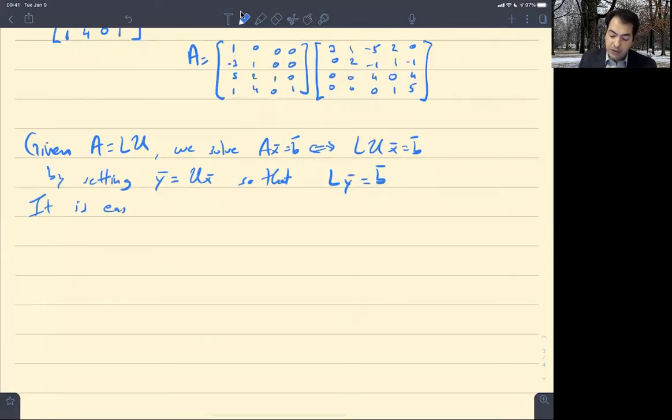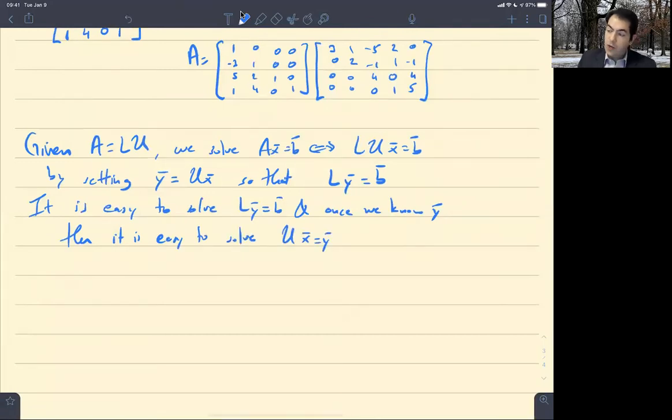They're easy and they're fast. So it is easy to solve LY equal to B. And once we know Y, then it is easy to solve UX equal to Y to find X.